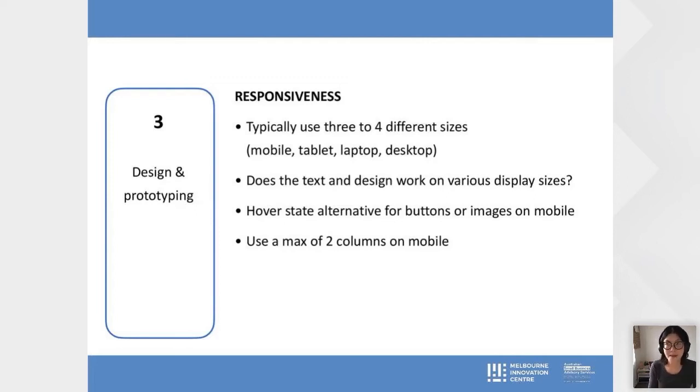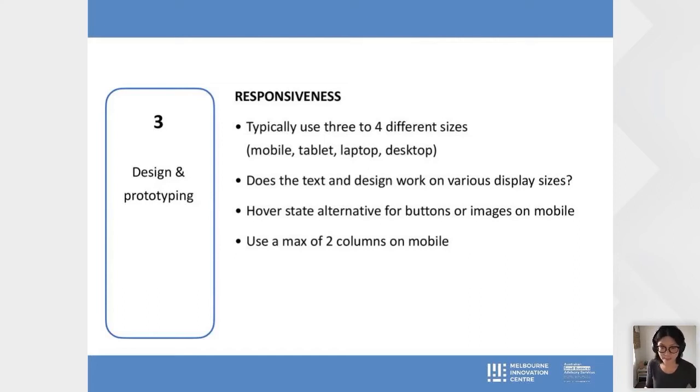But sometimes on websites you might have an image with a button hover state. If you hover over the top of an image, it converts into a button. You want to make sure that isn't happening on mobile, because people won't be able to click on it. And I would recommend a maximum of 2 columns on mobile.